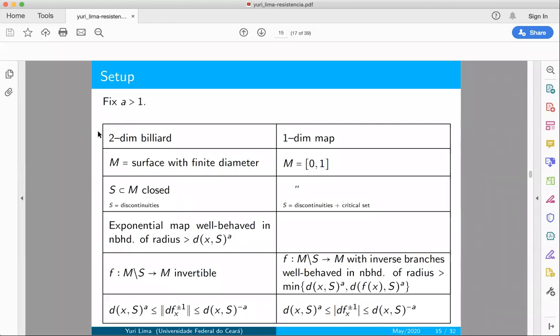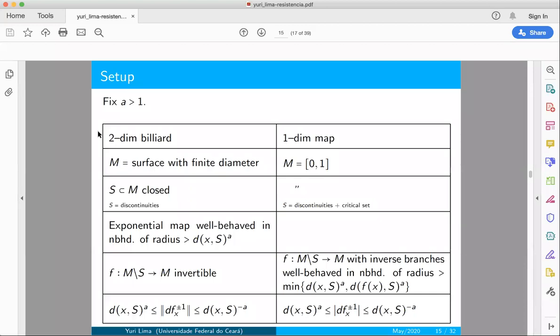In the one-dimensional situation, we want to control that, but we also want to control in some sense the sizes of inverse branches. The map in one dimension will not be invertible, so we have to require something about the sizes of the inverse branches. So have that in mind, that the summary of this table is just conditions to control the geometry, conditions to control the degeneracy of the derivative, and sizes of inverse branches.